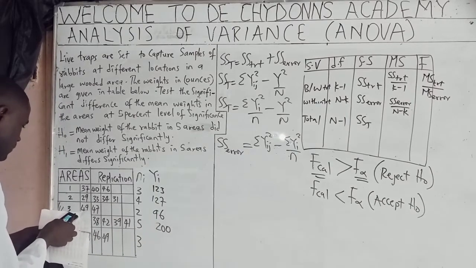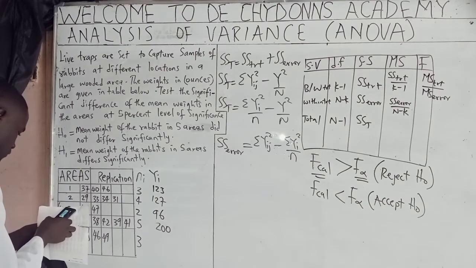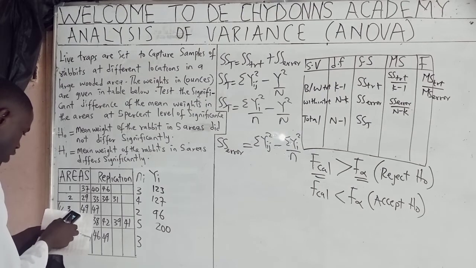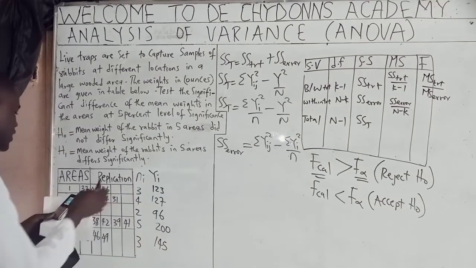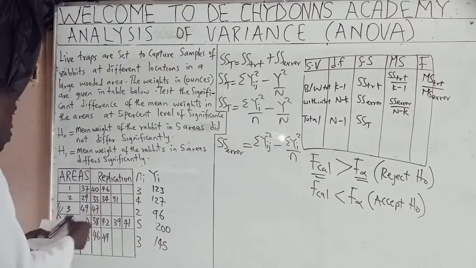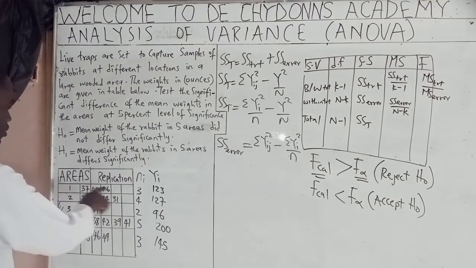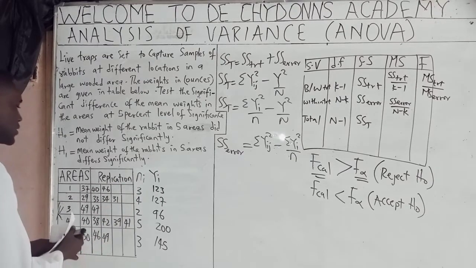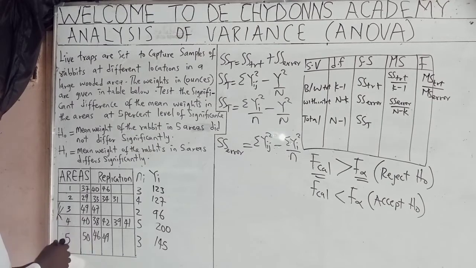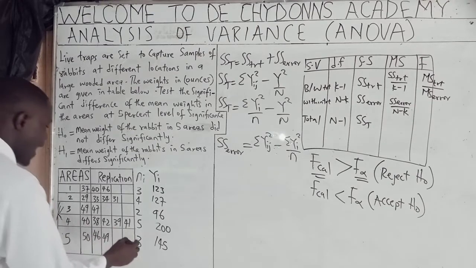Then we now say 50 plus 46 plus 49. That will be giving us 145. So we have gotten our total. We have gotten total for y, for this 37, 40, 46 and others. So having gotten this, we now say, okay, what is the total n we have?